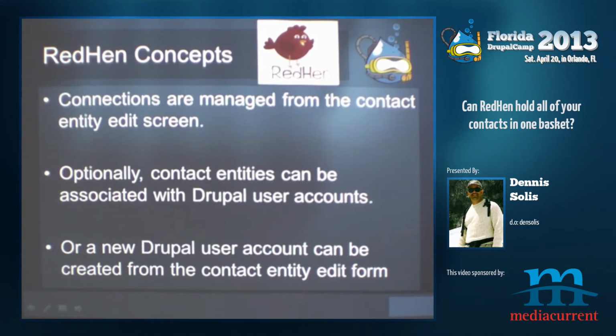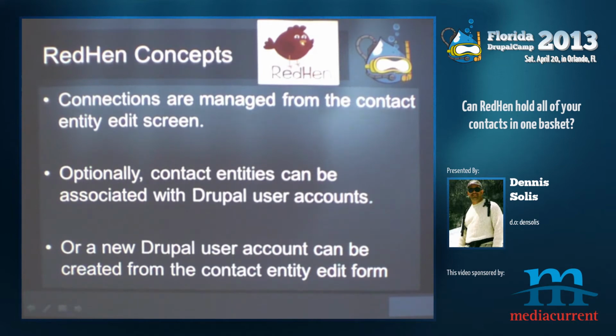So how do you do it? This is how you do it. You bring in a CRM. Now the other cool thing is, let's say of those 1,000 users, our goal is to eventually get them into our site and get them involved, contributing, whatever. You can then turn a RedHen contact into a site user, and you can manage them all from within RedHen.